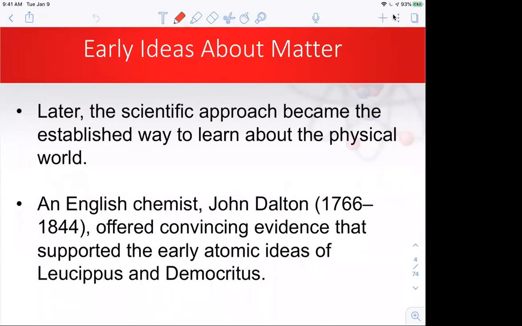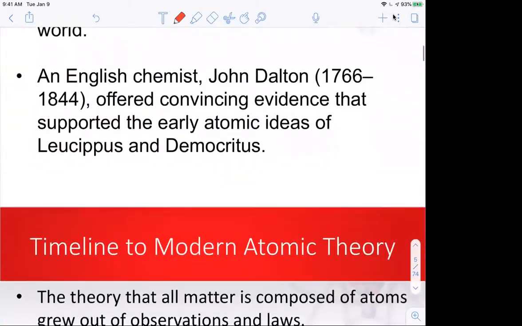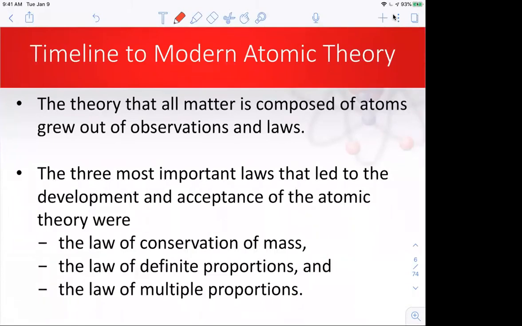It was English chemist John Dalton who offered very convincing evidence that supported the early atomic ideas of Leucippus and Democritus. The theory that all matter is composed of atoms grew out of observations and laws.